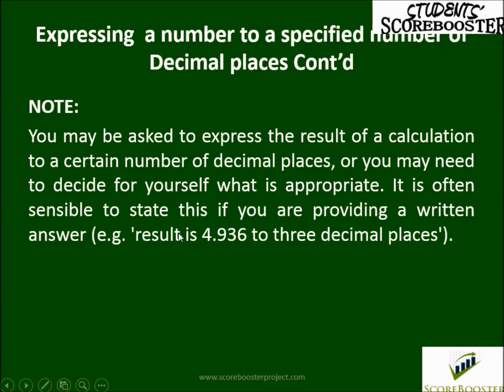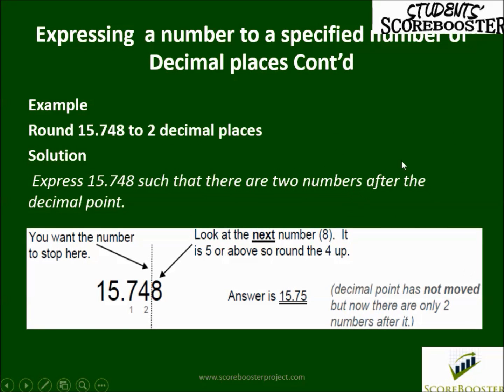For another example, when you arrive at 4.936 and you've rounded it to 3 decimal places, when you write the number, you state the number of decimal places to which you've expressed it. Now let's have some examples to get the concept.